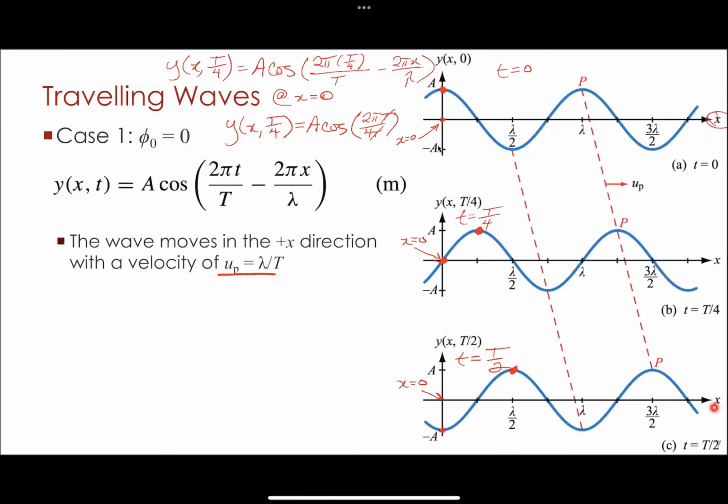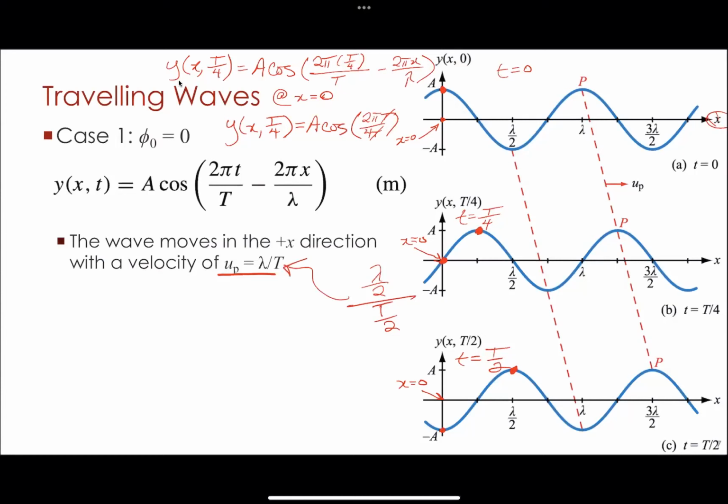That's physical location in meters. We want distance over time. How far have we traveled? Lambda over 2. Over what time period? We went from t equals 0 to half of a period. Okay, so the 2's cancel out, and you're just left with lambda over T.